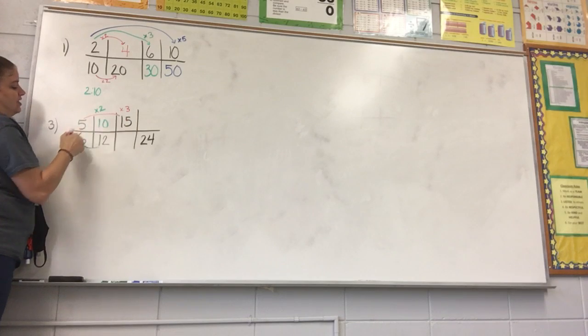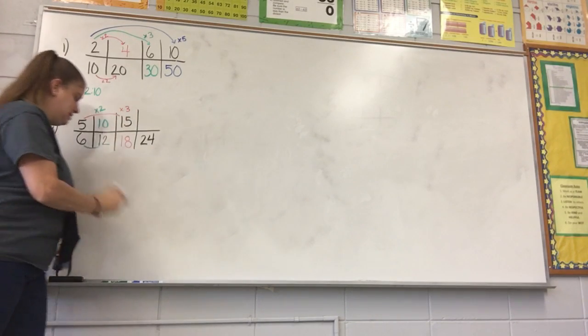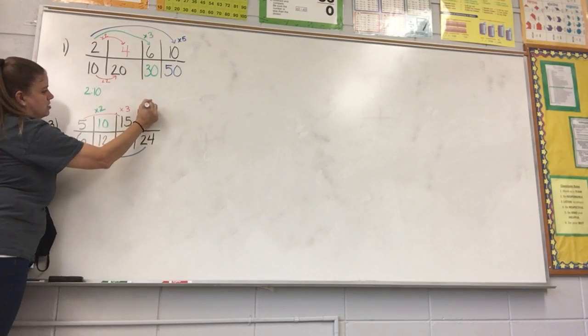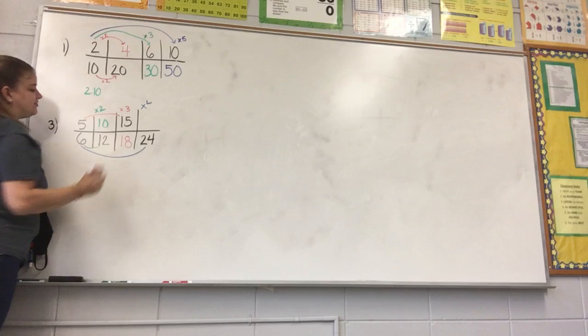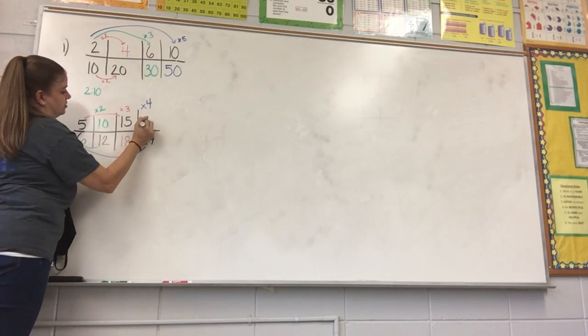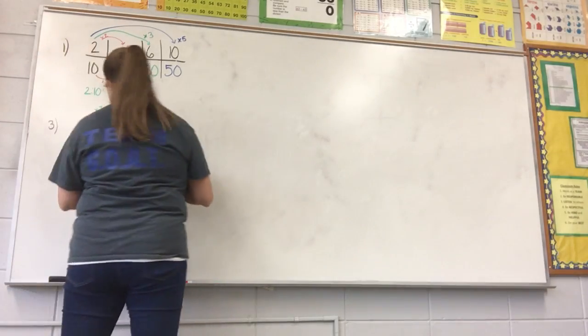Times 3. So what is 6 times 3? 18. And the last one, what did I do to go from 6 to 24? Not times 5. Times 4. So what is 5 times 4? 20. So it should be 10, 18, and 20.